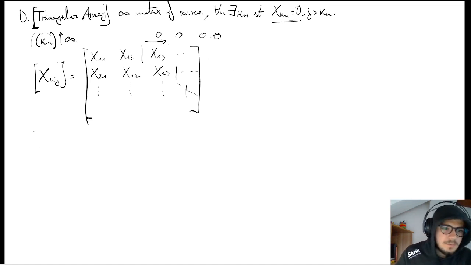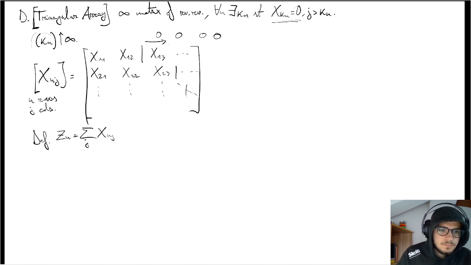Now define Zn to be the sum of the Xnj's, where n is the row and j the column, for j from 1 to kn.